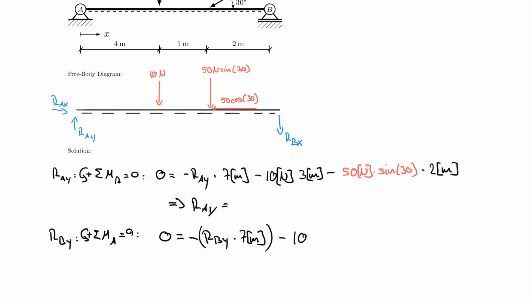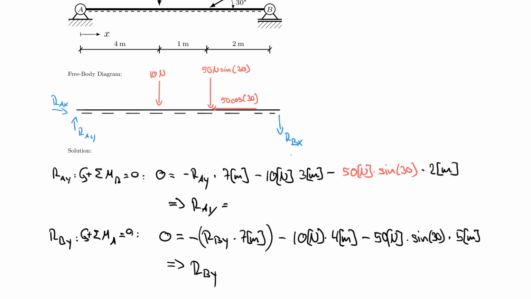So minus 10 Newton multiplied by 4 meters, because I'm turning about A, and minus 50 Newton multiplied by sine 30 multiplied by 5 meters. And you can calculate what that comes out to be.